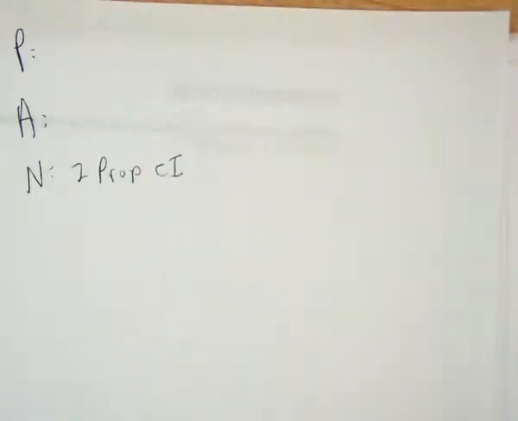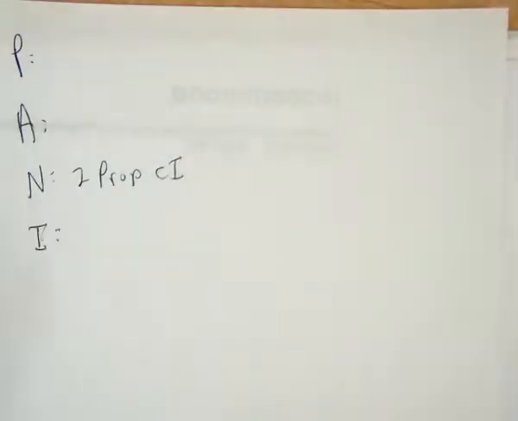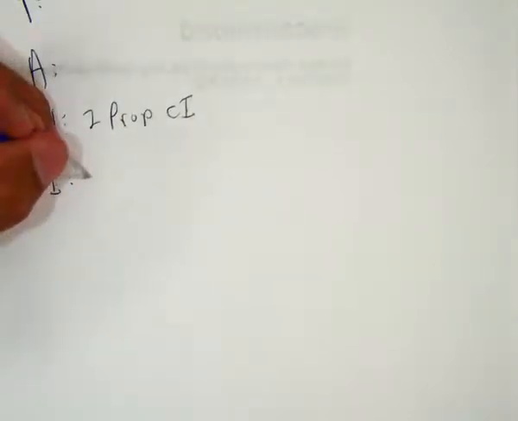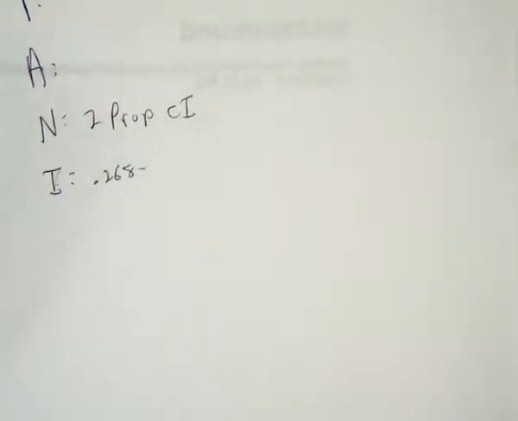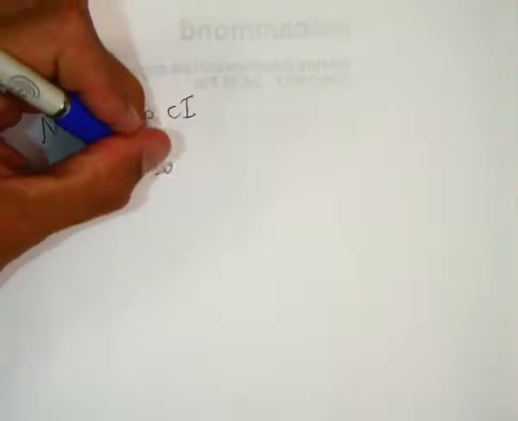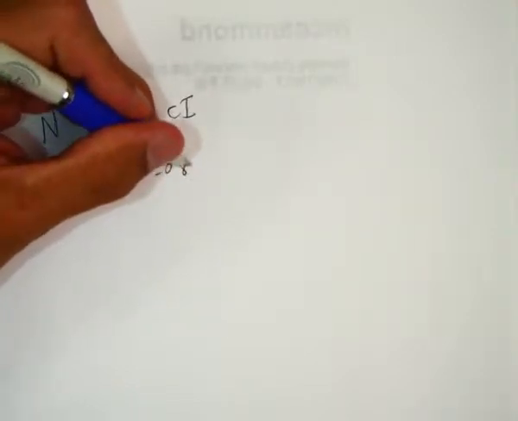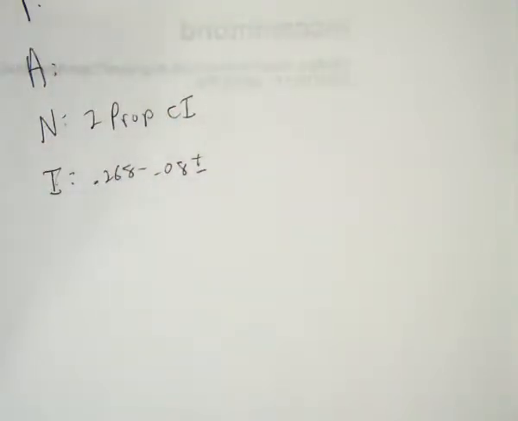So now we've got to calculate our interval. What we're going to do is p hat sub y minus p hat sub o plus or minus. Now we did a two-tailed test, so this is at a 5% significance level, so it's going to be a 95% confidence interval.